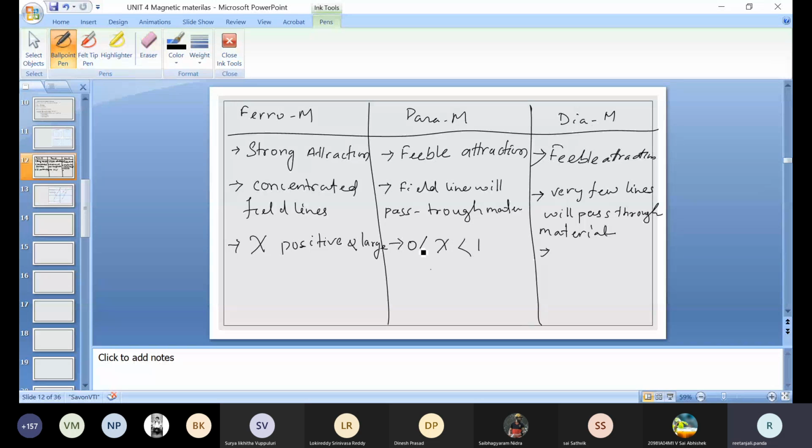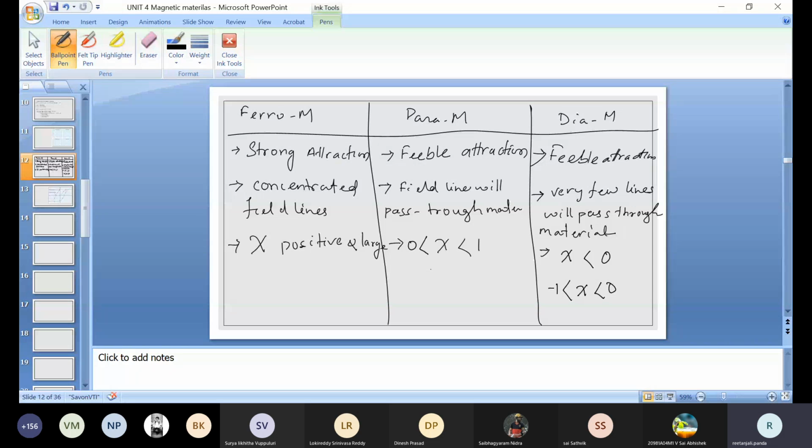But in the case of a diamagnetic material, the susceptibility is less than 0, that means it is negative. We can say the susceptibility will lie between -1 and 0. If it is -1, then it is a perfect diamagnetic material. Okay, so this is the susceptibility.